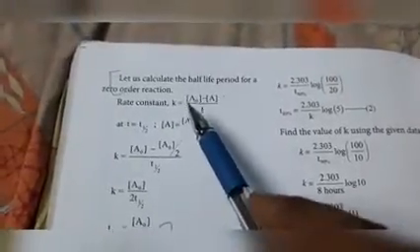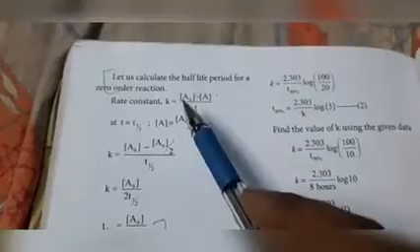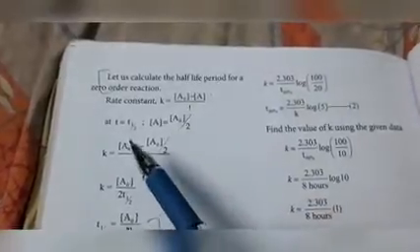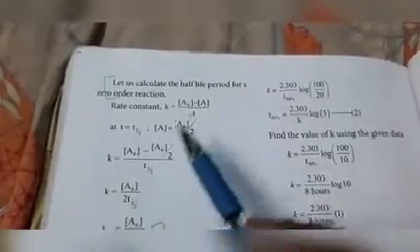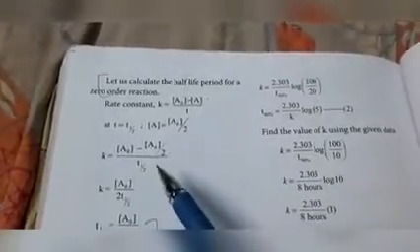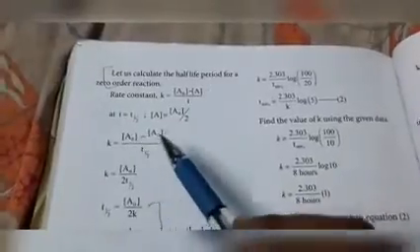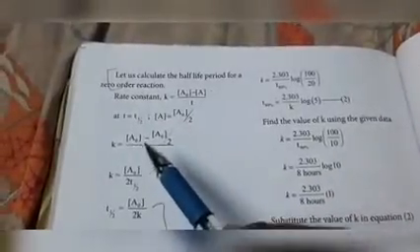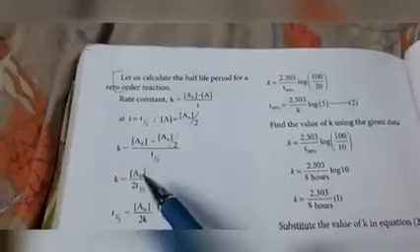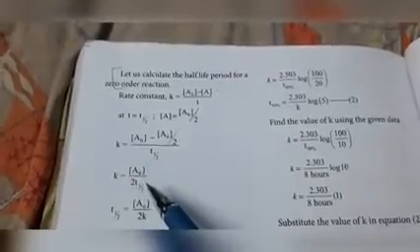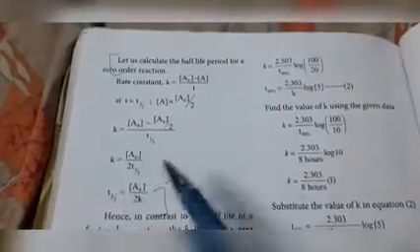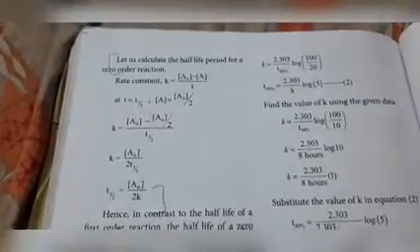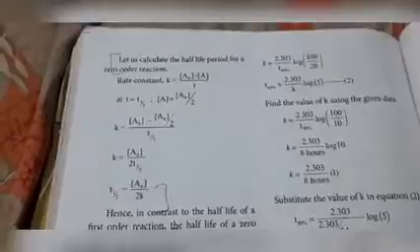So K is equal to A0 minus A0 by 2 divided by t half. A0 minus A0 by 2 means A0 by 2 into t half. If you rearrange the equation, t half is equal to A0 divided by 2K.